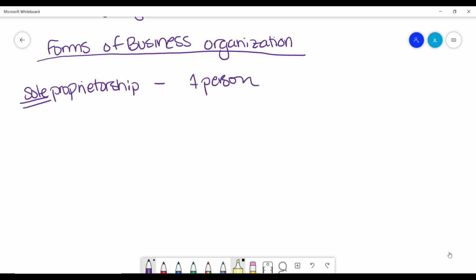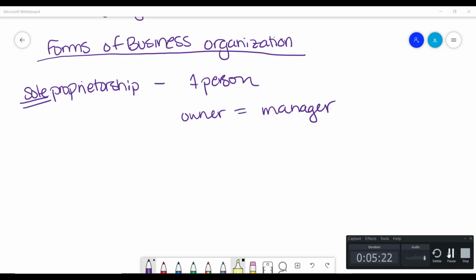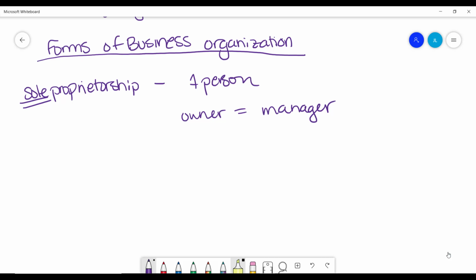Okay, and often with this kind of business, the owner is also the manager, because these tend to be really small businesses. This type of business setup is really common for really small retail stores, some service businesses, law practices, medicine, accounting, so on and so forth.